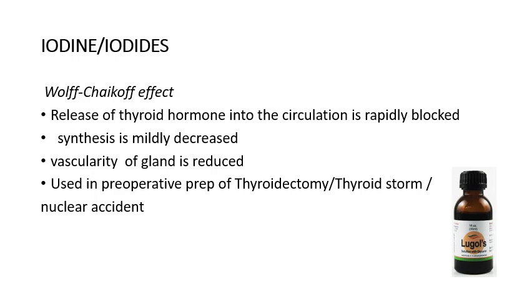Iodides are given during pre-operative preparation of patients who are going to undergo thyroidectomy because it reduces the vascularity, so it decreases hemorrhage complications during surgery. We all know that post-operative hemorrhage is the most important complication of thyroidectomy surgery, so taking iodide before the surgery reduces this complication.